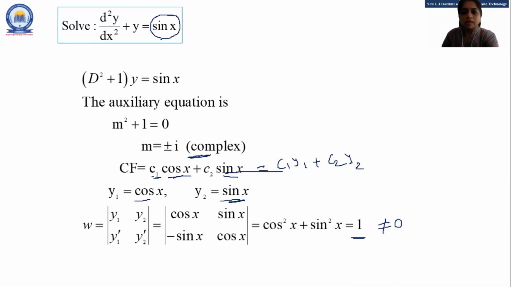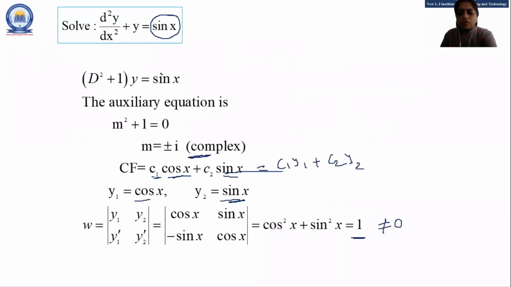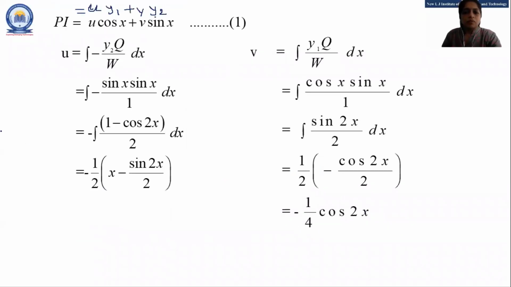So our q is again sin x. The Wronskian, which we found in the earlier step, is equal to 1. Okay. So I am putting y2 as sin x, q as again sin x, and the Wronskian as 1.